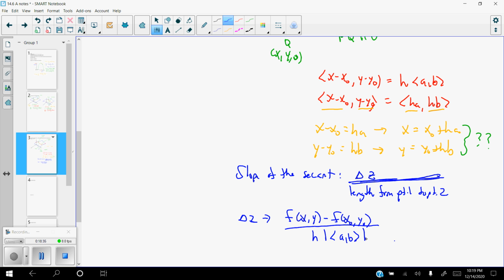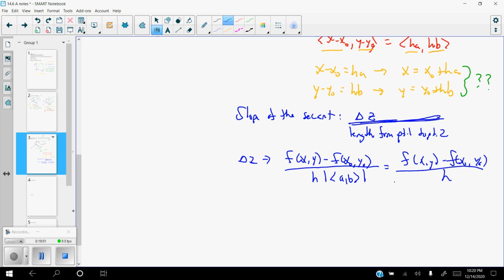Of course, the magnitude of the unit vector is just 1 because it's a unit vector. So really what we get from that is f of xy minus f of x naught y naught over h. So that's really going to represent your change of z.